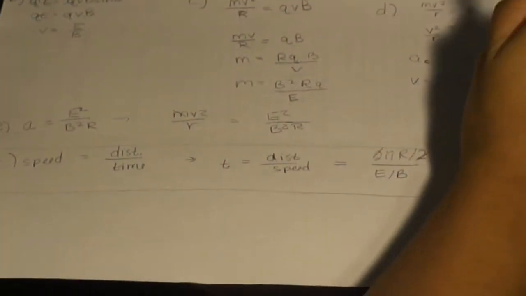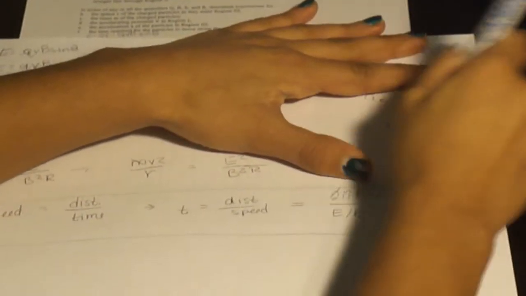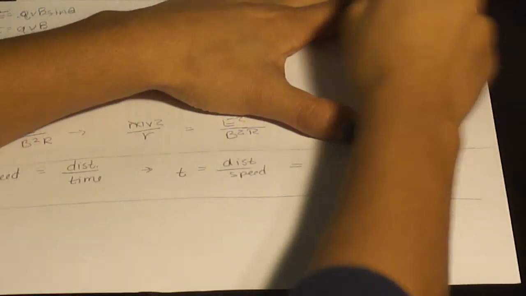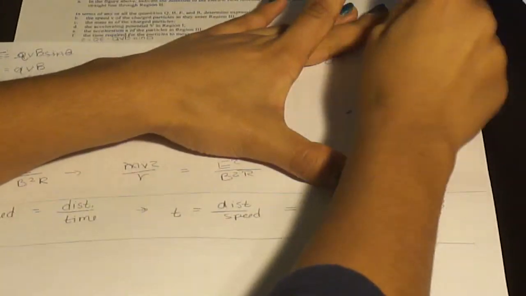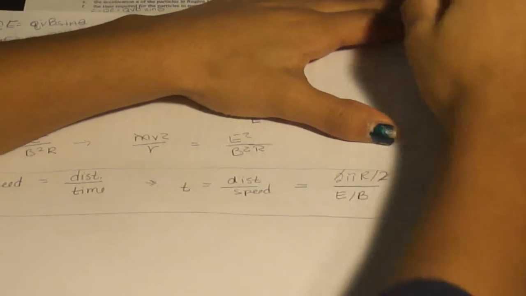I'm not happy with part D, so I'm going to redo it because I don't think I explained it well. Part D is asking for the accelerating potential V in region 1.